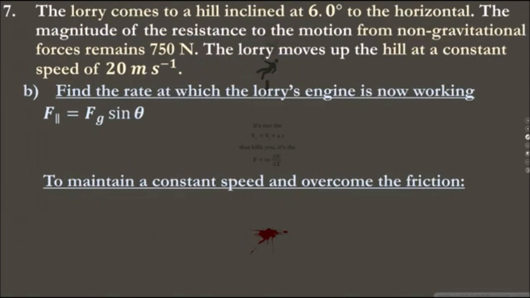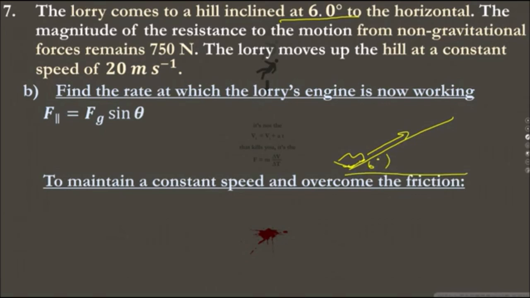If we move on to the next question, using the same properties as the last question, it says find the rate at which the lorry's engine is working if it is going up a 6% incline. If I draw this out, our object, the little lorry, is going up here, 6% incline going that way.